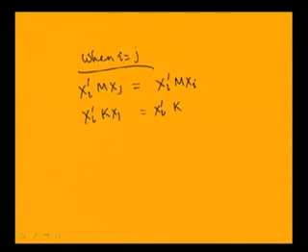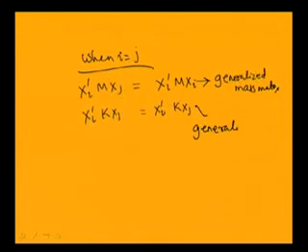This is known as the generalized mass. This will give a diagonal matrix, known as the generalized mass matrix, and this gives rise to the generalized stiffness matrix. In this way you can obtain the generalized mass matrix and stiffness matrix by using the orthogonal property of the eigenvectors or normal modes.